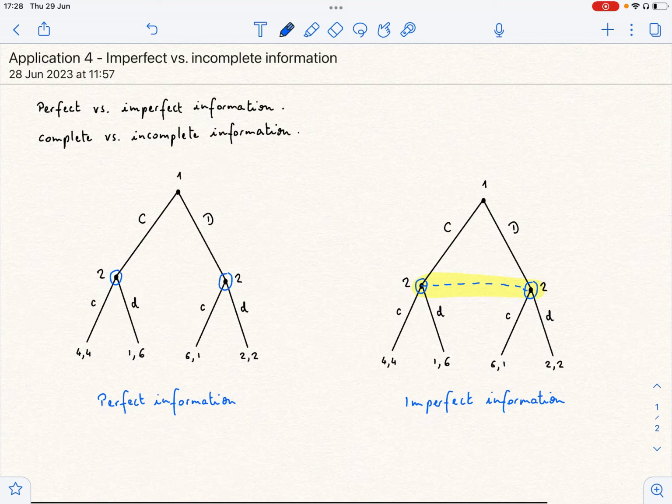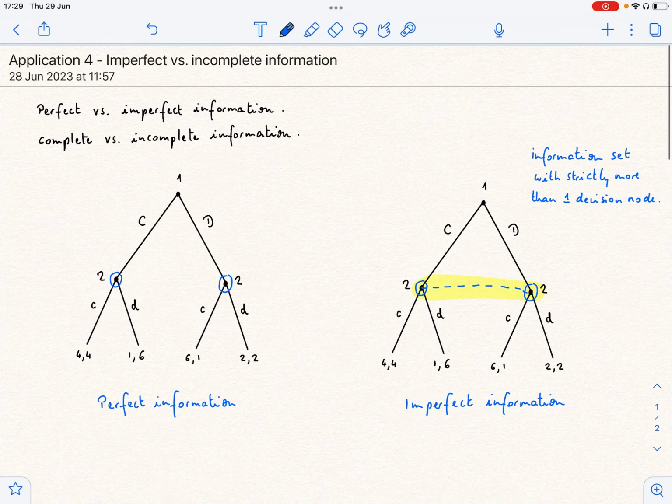So whenever you see information sets with strictly more than one decision node, this will be a game of imperfect information. Okay?